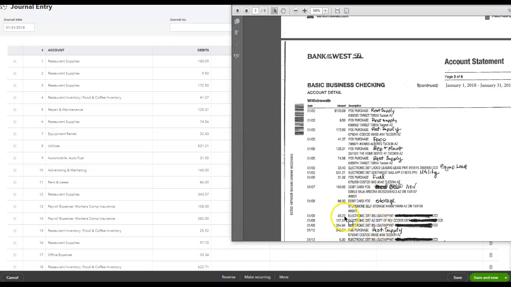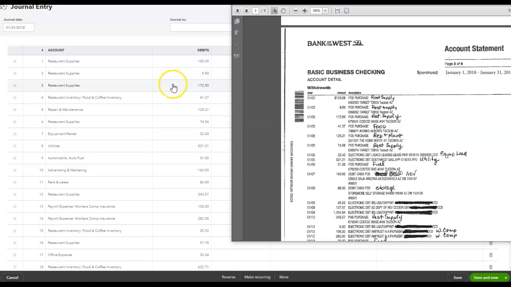The first IRS one is for your 940 payment. The Arizona Department of Revenue is for Arizona withholding, and the IRS tax payment is for your 941 payment, which includes Social Security, both company and employee, and the federal tax payment. So all of those together. And those are on your journal entry for payroll tax payments.